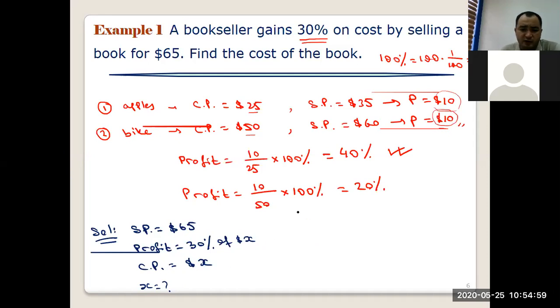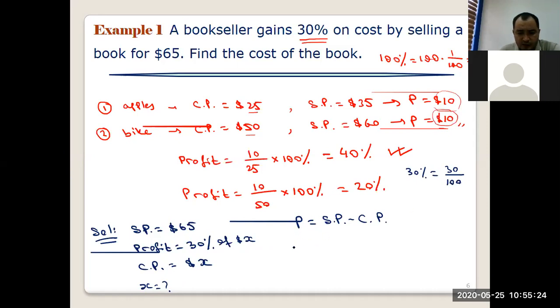So now we need to write our formula. What is profit? Since he's making a profit, profit is selling price minus cost price, right? Now let's write our mathematical equation. Profit is 30%. What is 30%? 30% means 30 over 100, which is equal to 0.3.